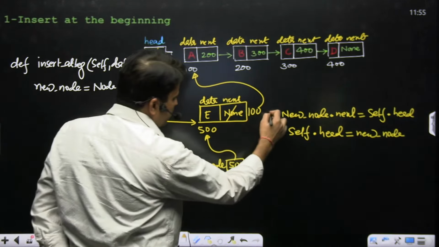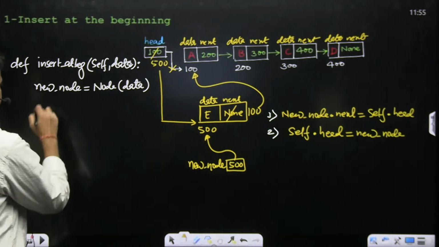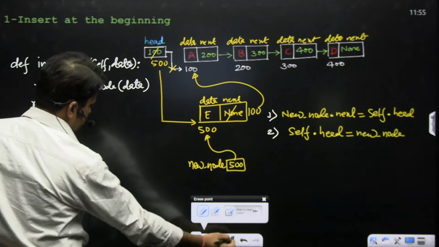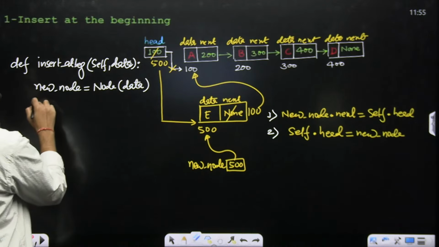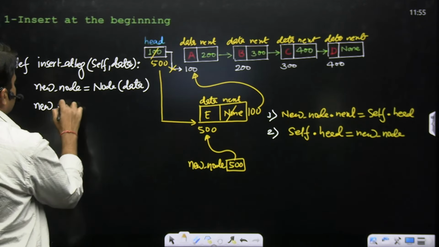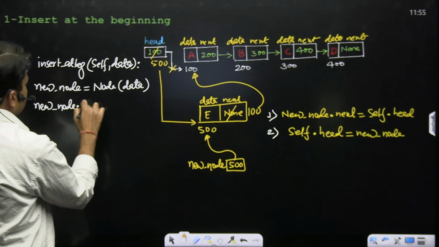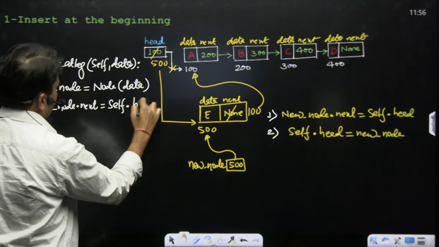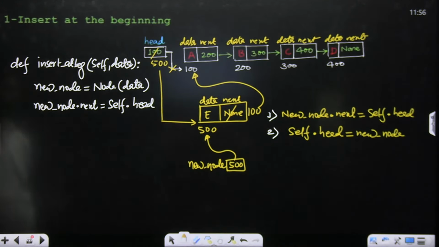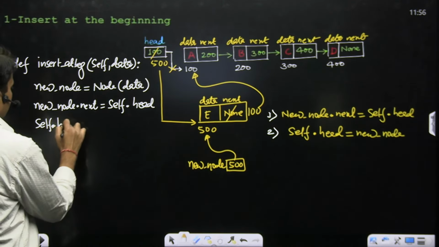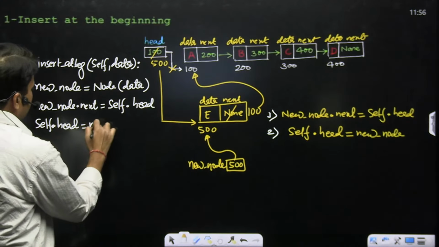Then write new node dot next equals self dot head, and self dot head equals new node.